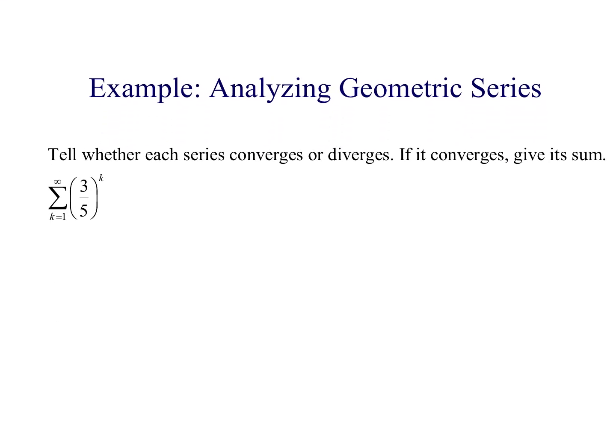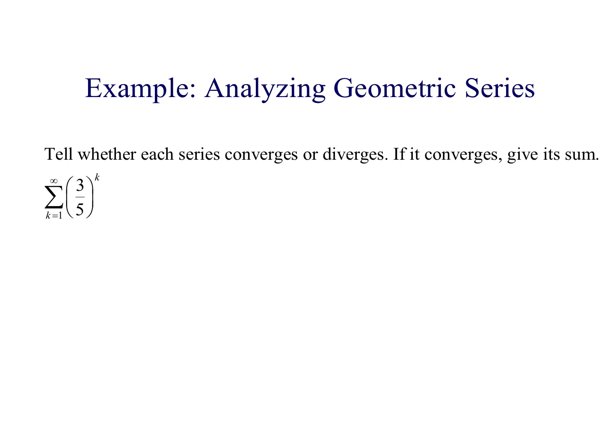Okay, here's another one. We recognize this, again, as a geometric series because it's got the power and it's got the fraction. And we can tell that the terms are going to be 3/5 plus 9/25ths plus 27/125ths plus 81/625ths ... Now, what will happen when we recognize that this is geometric and the r is 3/5.